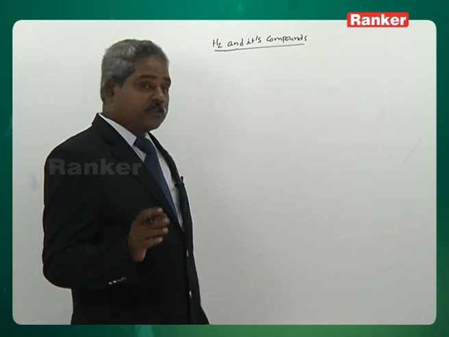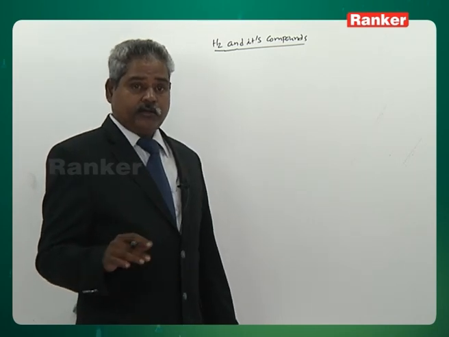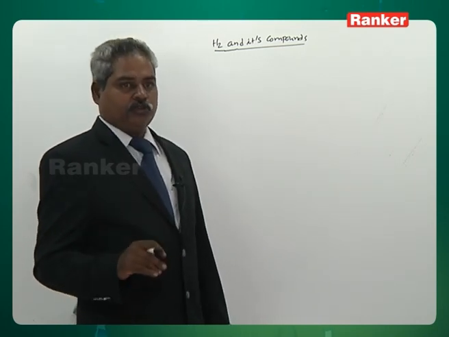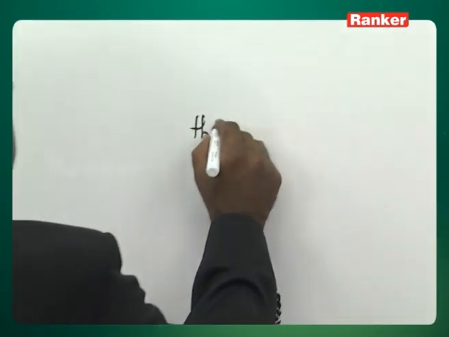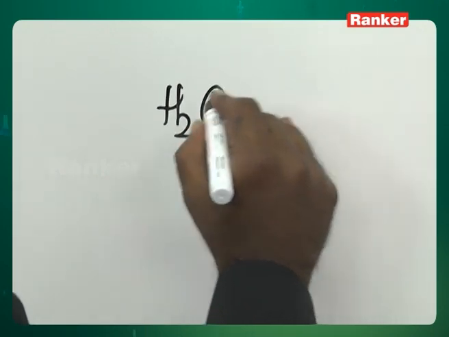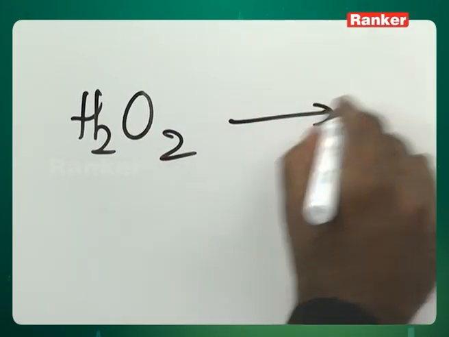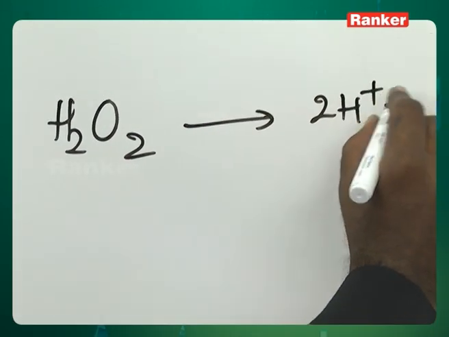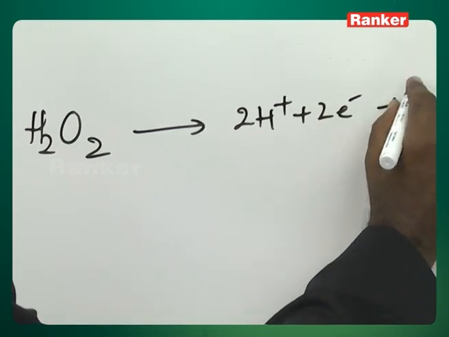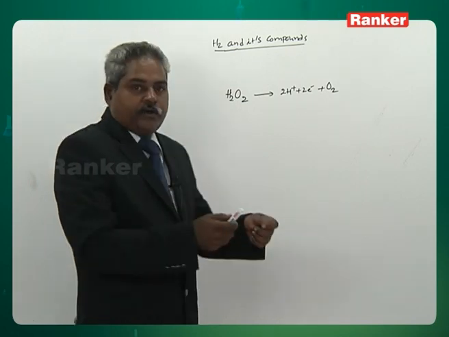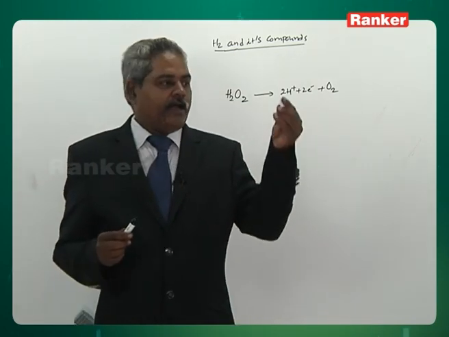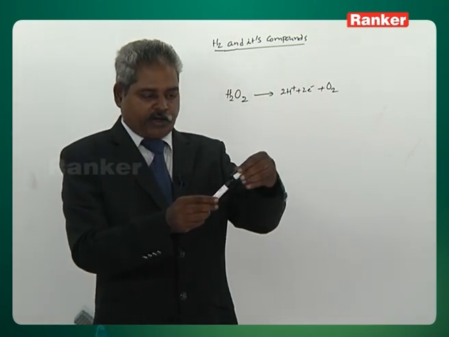So in some reactions, H2O2 can even take oxygens also. What happens? H2O2 by taking an oxygen. So this is precisely what H2O2 does: 2 protons plus 2 electrons plus O2. Look here. What happened? The 2 hydrogens are broken. Hydrogen atom, electron and proton, this is hydrogen atom.